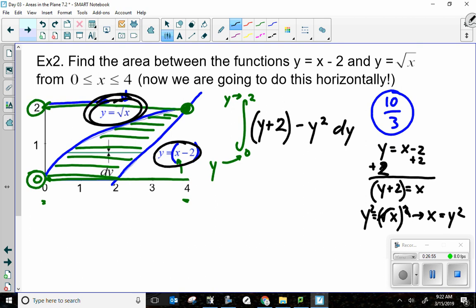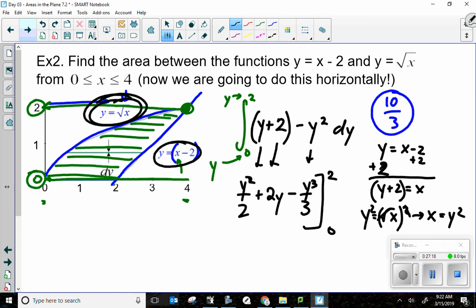That is a million times easier to integrate. I'm going to integrate this from 2 to 0. y becomes y squared over 2, okay, plus 2 becomes 2y minus y cubed over 3. I want this from 2 to 0.